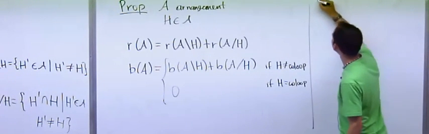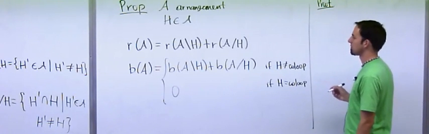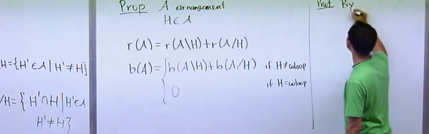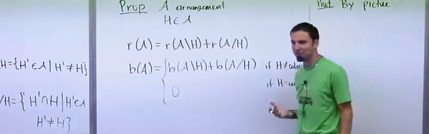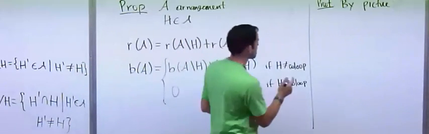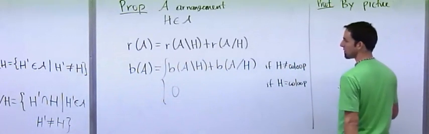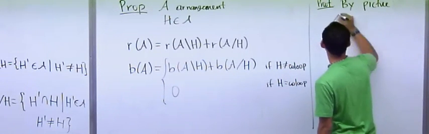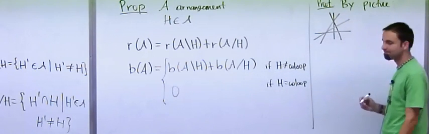So proof. I'm just going to prove by picture. I'm going to show you a picture, and you're going to see why this is true. We want the regions of this guy.